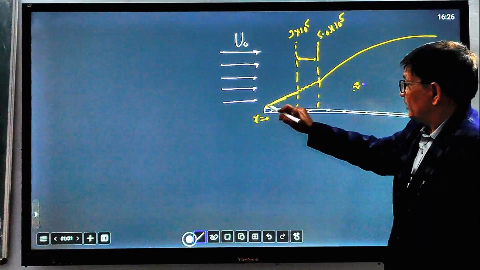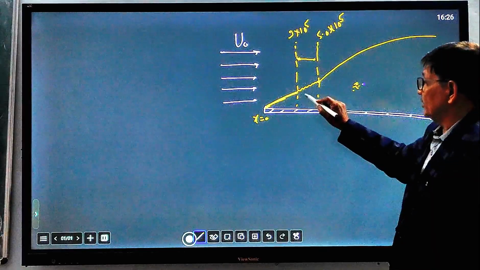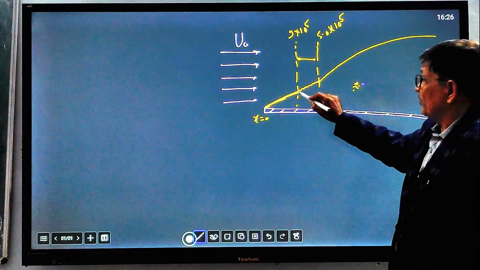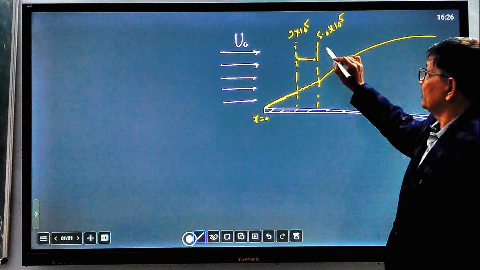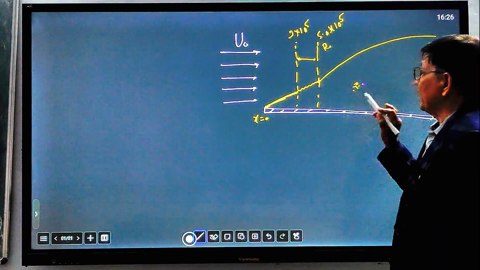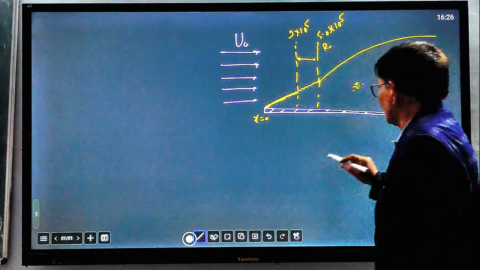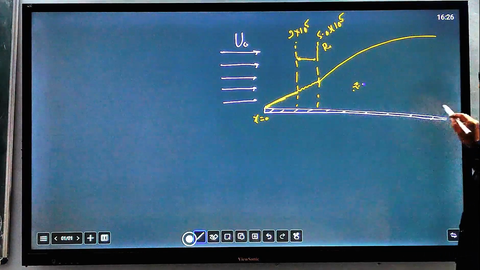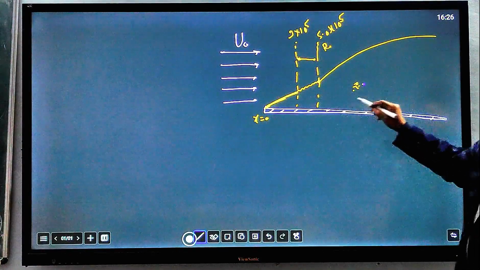Initially the flow was laminar, meaning viscous forces are dominant here, and then inertia forces also become significant. Turbulence started here, and by the point when the Reynolds number reaches 5 into 10 to the power 5, the flow has completely become turbulent. Moving along the x direction, the fluid velocity increases and viscous dissipation also increases.